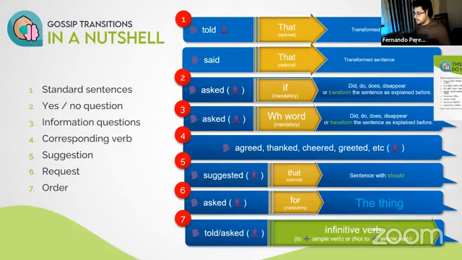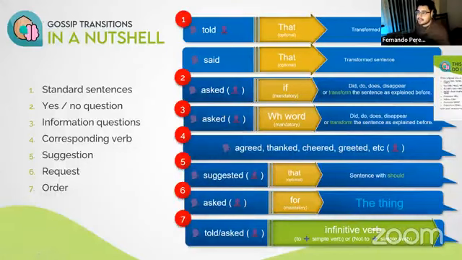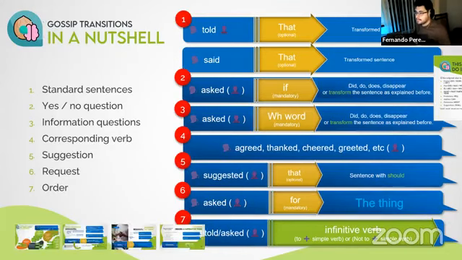Let me do a little change here because we need this. This is 217. And here we go. So, do you understand these structures in this moment?